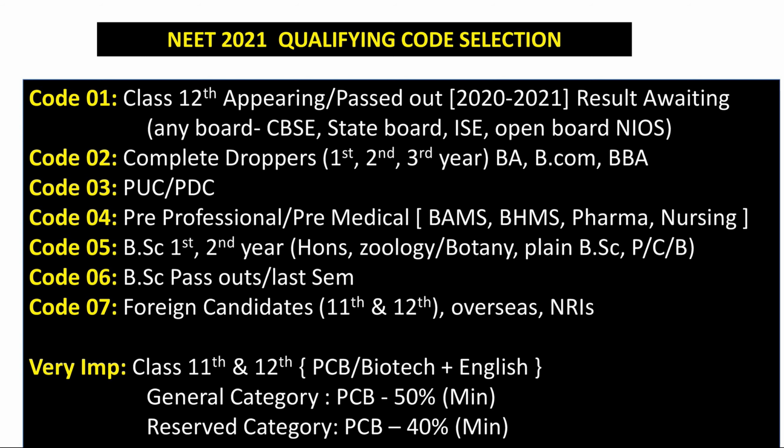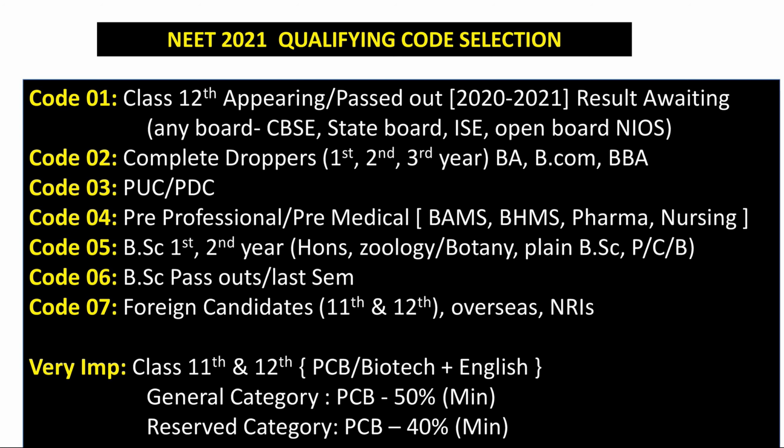Okay. Next is code 05, and this code is for candidates who are doing a BSc first year or second year. When we say BSc, it means they have taken a course like honors, or a stream like zoology or botany, or even a plain BSc like physics, chemistry, or biology.